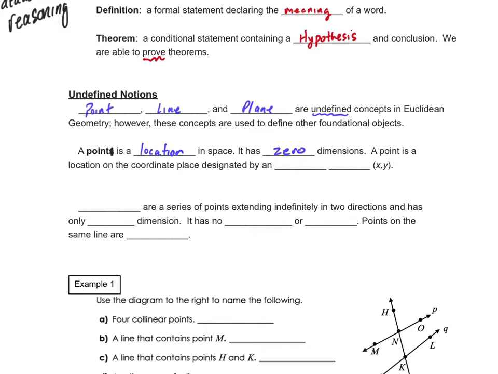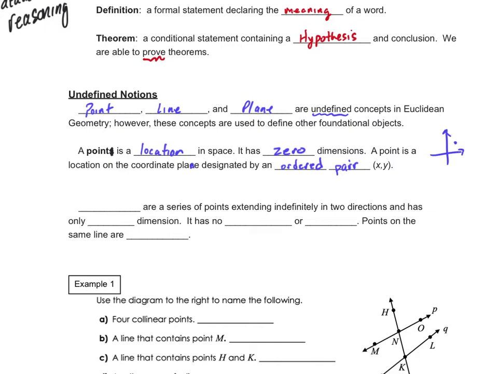And the point is a location on the coordinate plane designated by an ordered pair. This should be familiar to you from algebra, because we have a coordinate plane, right?